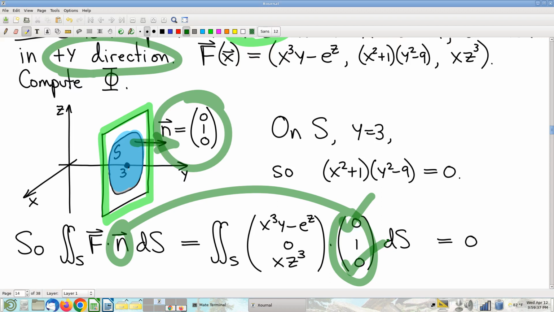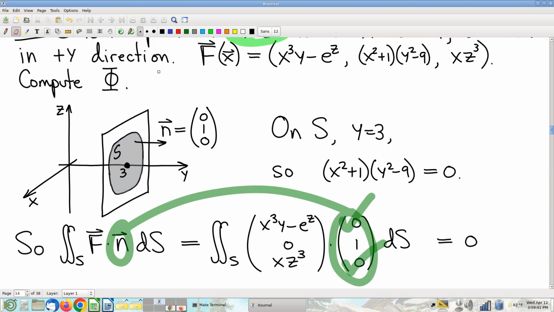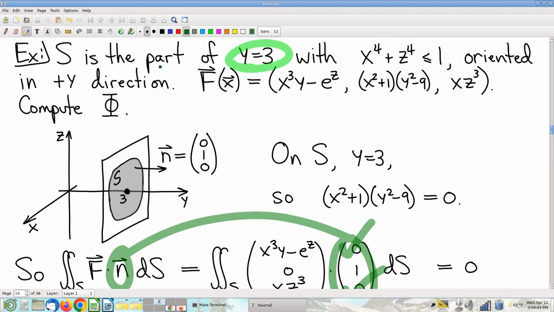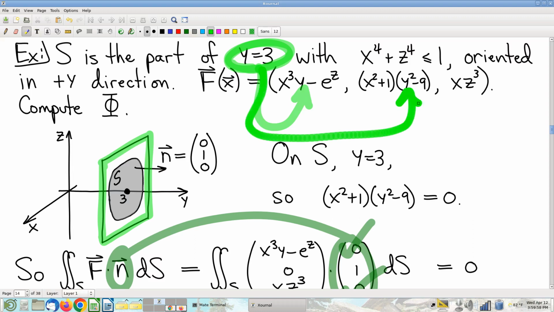All right, now what else do I know? The other thing that I know, again, I'm on this plane, so that means y = 3. That means that every point I'm interested in, y is equal to 3. That means I can plug in y equals 3 everywhere in my vector field.